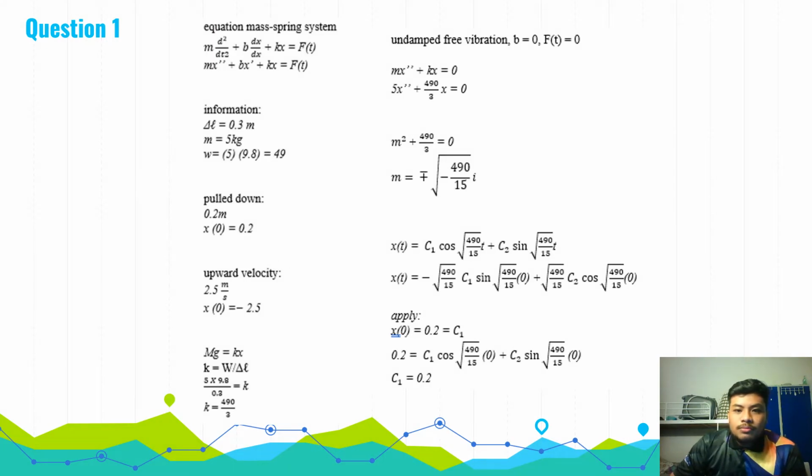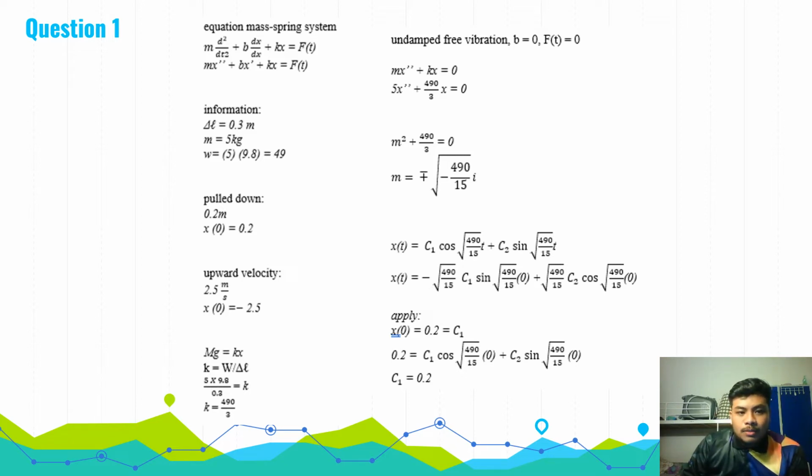Okay, so from the question, we know the equation of the mass spring system, where m d squared x over dt squared plus b dx over dt plus kx equals F. And we get the information that the spring stretch is 0.3 m and the mass is 5 kg, and the weight we can get by multiplying 5 and 9.8.